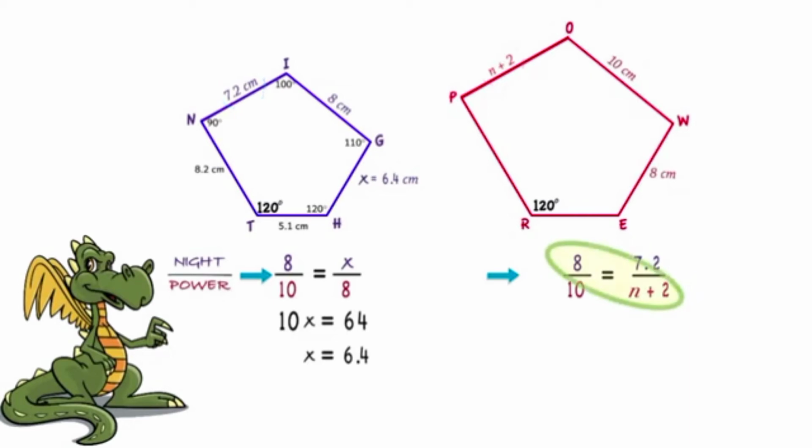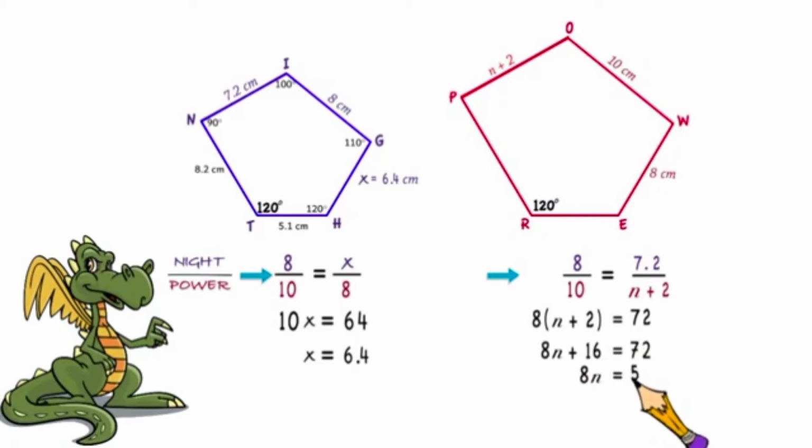Again, we will use cross-multiplying to solve this problem. That is 8 times the quantity n plus 2 equals 72. Now, don't forget to use the distributive property to remove the parentheses. That gives us 8n plus 16 equals 72. 8n equals 56, n is equal to 7, and side PO would be 9 centimeters.